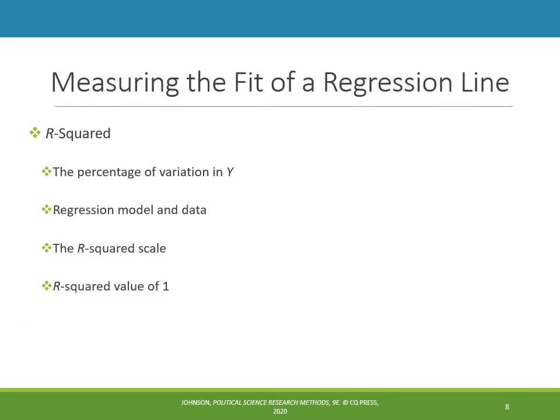The next thing that regression generates is something called R squared, and that is not to be confused with Pearson's R. Pearson's R shows the strength of a relationship between two variables. R squared shows us the percentage of variation in Y. And that's a fancy way of saying it shows us how well our X value explains what we see in our Y value.